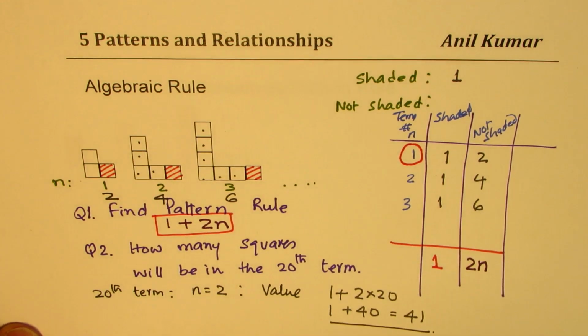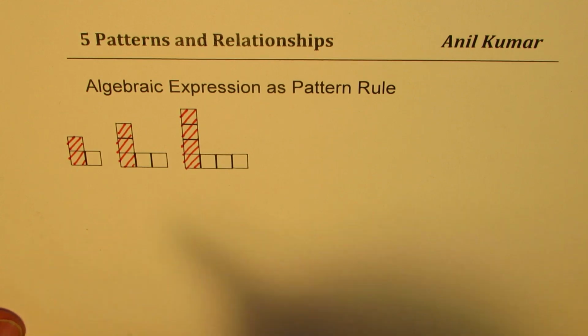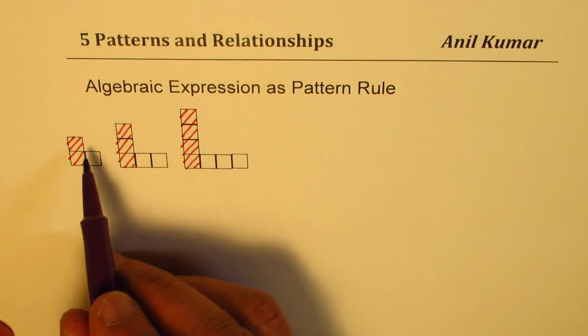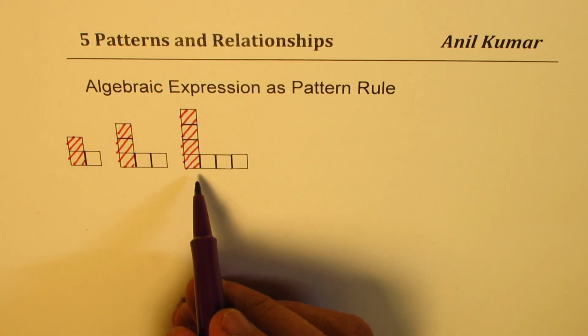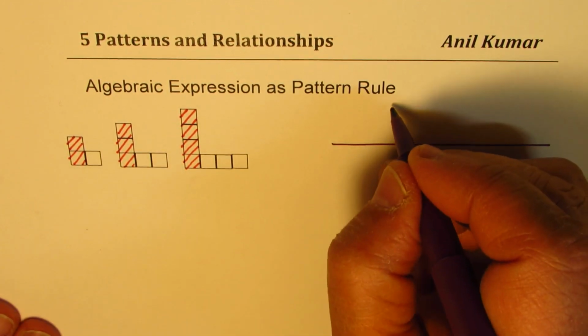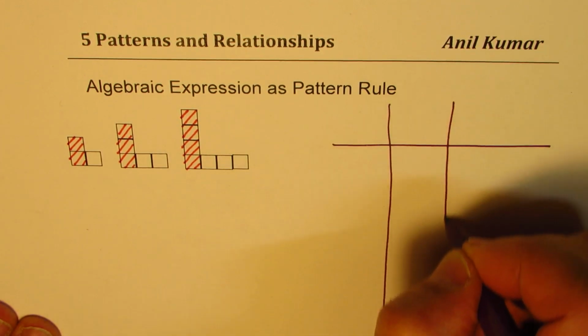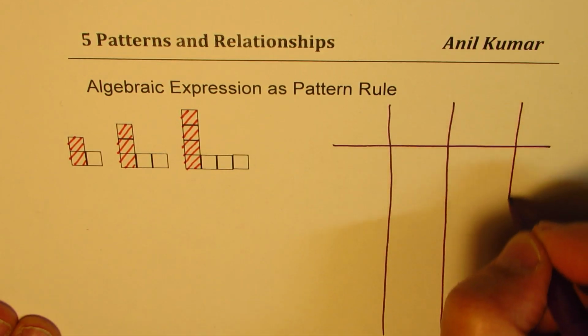Now here is a question for you. This time what I've done here is shade it in a different direction, right? So what I would like you to do is make a T-chart to think how to answer such a question, correct?